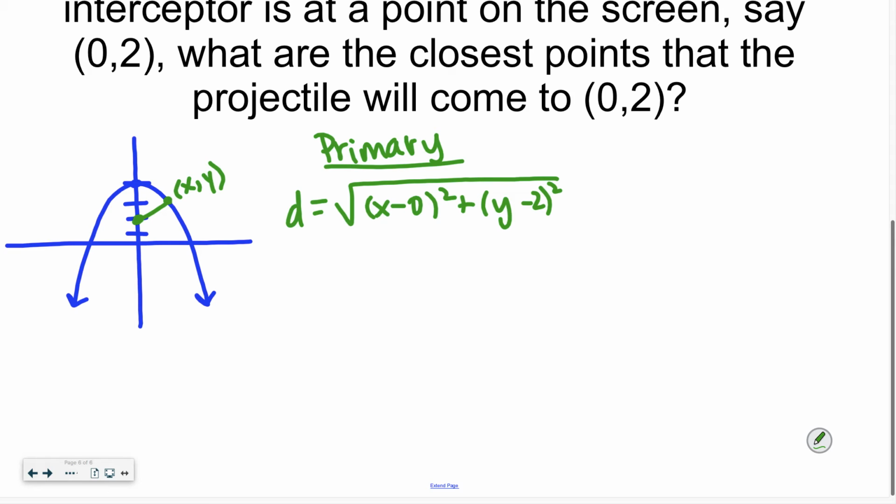Can we use the first derivative test on this? No. Which means we need a secondary equation so that we can write this equation in terms of one variable. What is our secondary equation? There's something we know about that parabola.